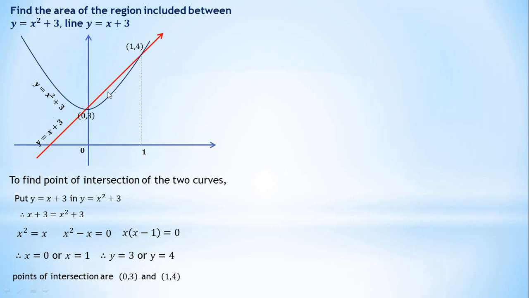Okay, so see here, this is the region. Okay, the upper boundary is of the straight line and the lower boundary is of the parabola. Okay, now see how will you find out.